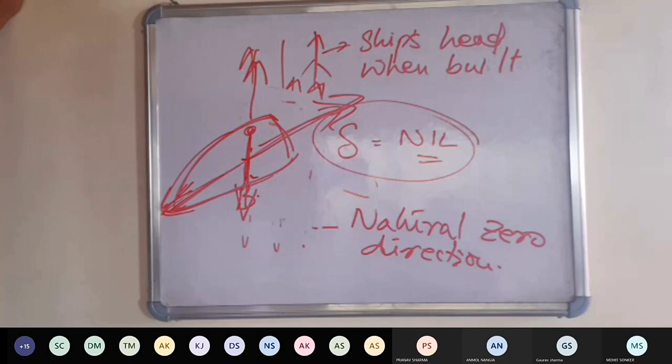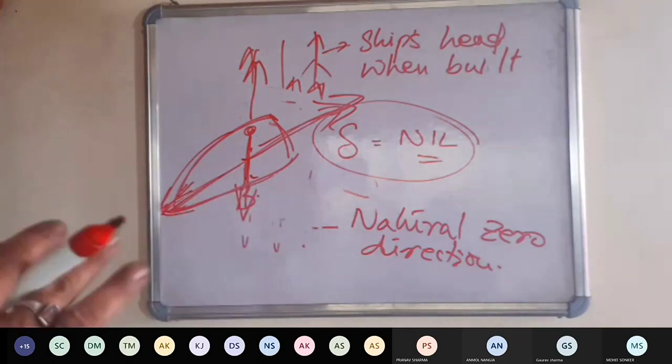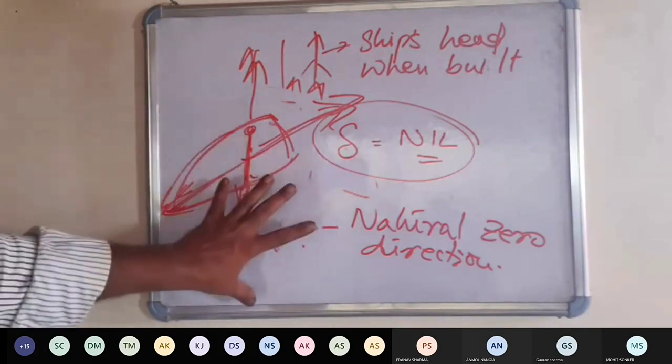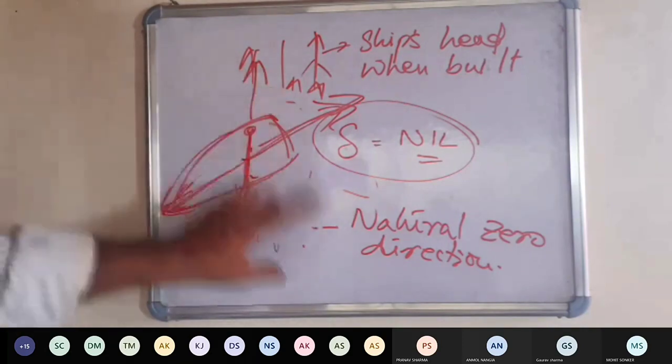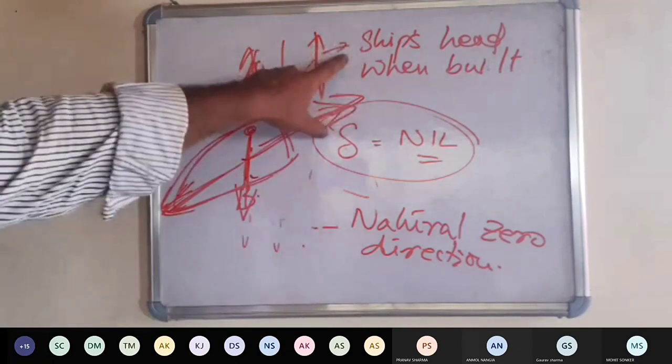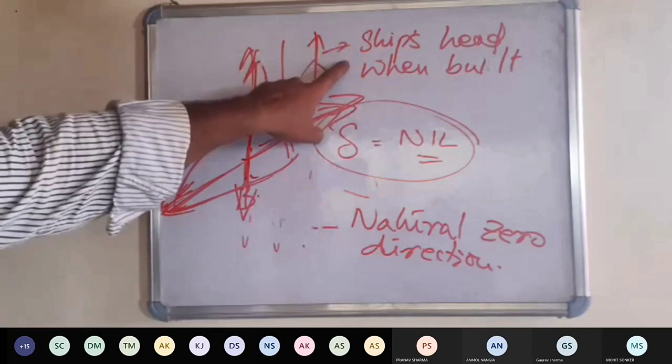Take 2 minutes, think about what we just said, whether it is making sense or not. I'm keeping shut for 1 minute. I'm asking you to think about this situation. Maybe you can draw a diagram, take any course when the ship is being built. One heading when she was being built will be named ship's head when being built.